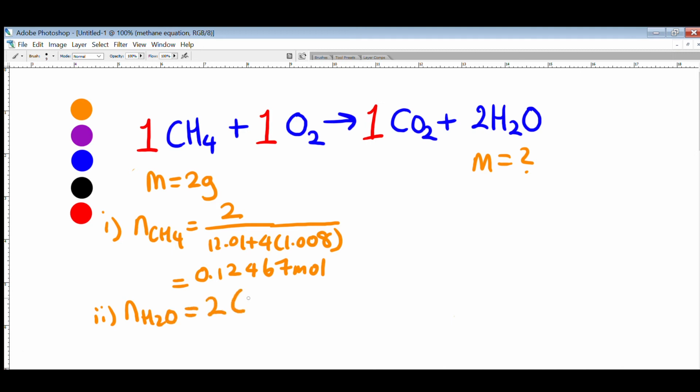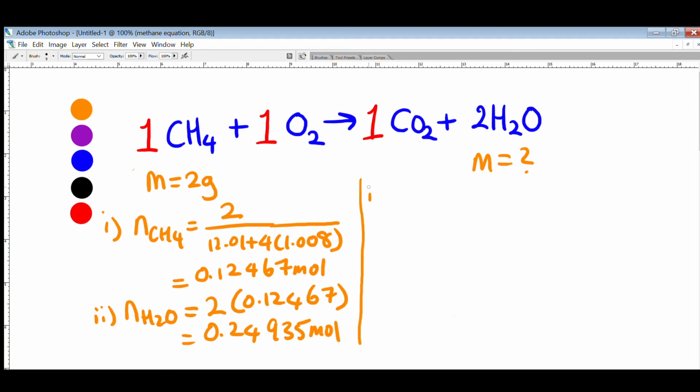So for every 1 mole of methane we consume, we're going to produce 2 moles of water. So therefore, the moles of H2O is equal to 2 lots of the moles of methane. So let's just put that in, and then we'll get 0.24935 moles.